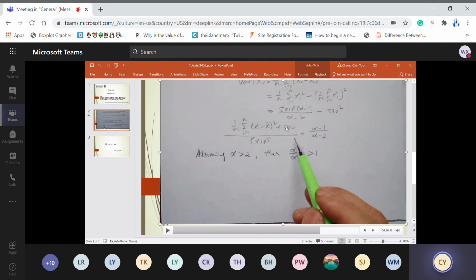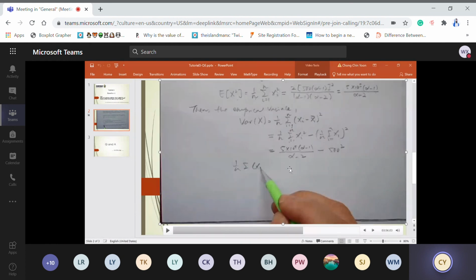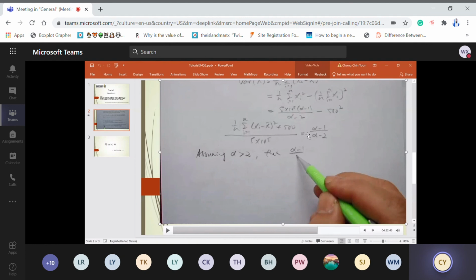So the whole thing, this variance, you rearrange until you leave alpha minus 1 divided by alpha minus 2. From here, it is very obvious that alpha must be greater than 2, although the question didn't mention it. If alpha is less than 2, this becomes negative, which is meaningless. If alpha is 2, it's undefined, right? So alpha must be more than 2 so that this is always positive.